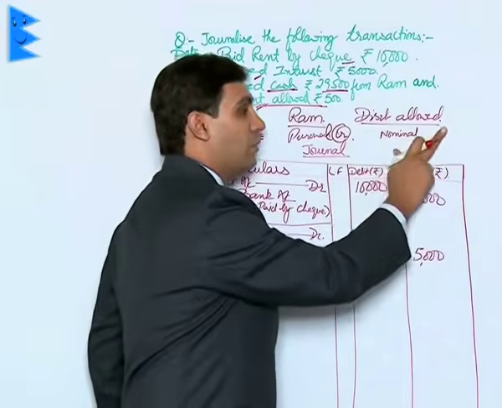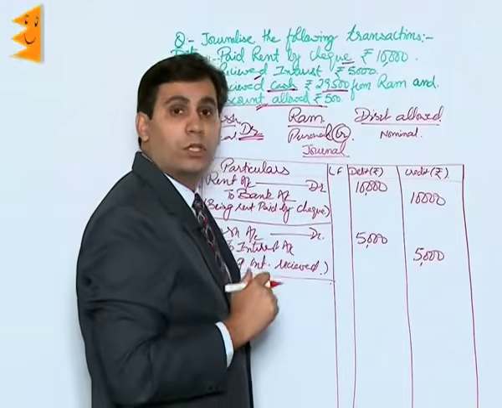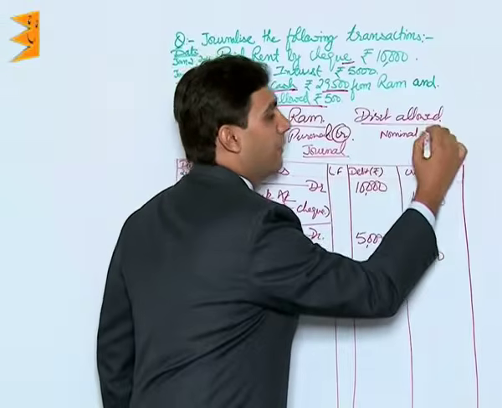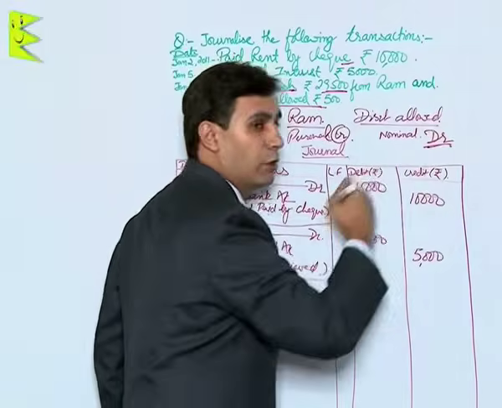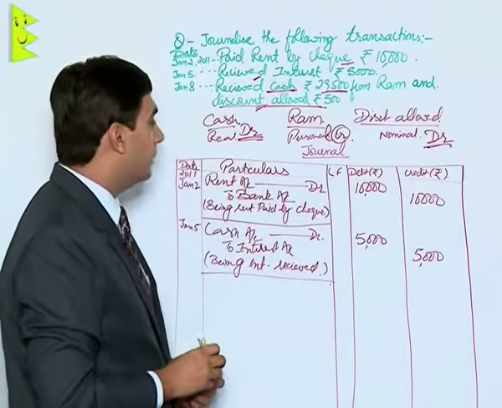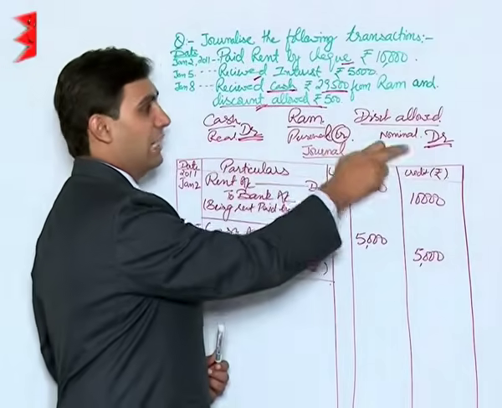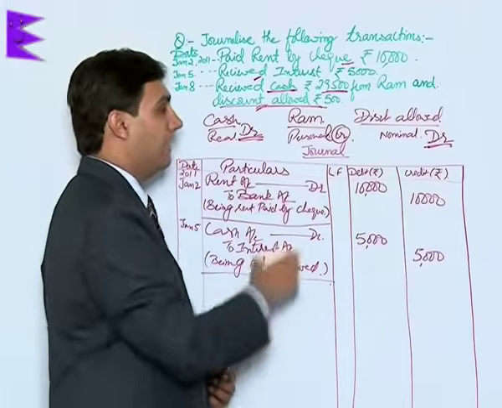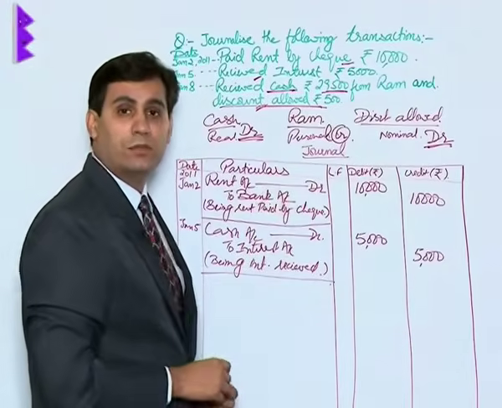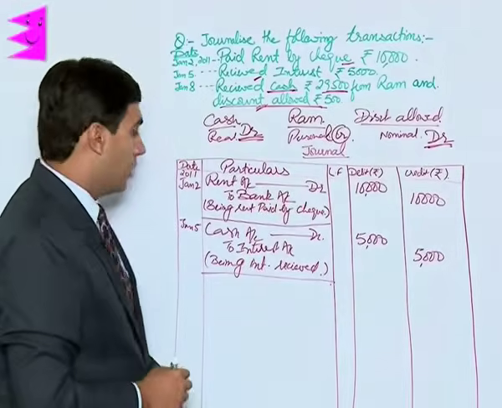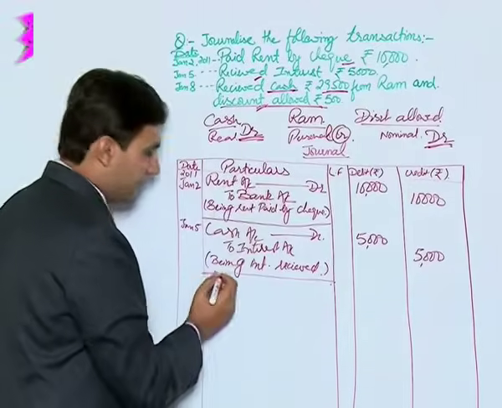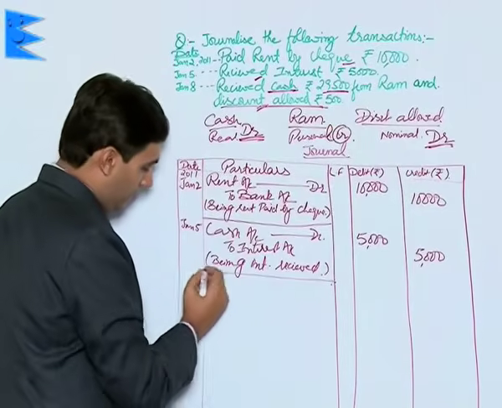Whereas discount allowed is a nominal account. Nominal account is debit all expenses and losses. So in this particular transaction, there are two accounts that are debited, cash and discount allowed, and Ram is the only account that should be credited. So let's see how we'll actually present this particular transaction.